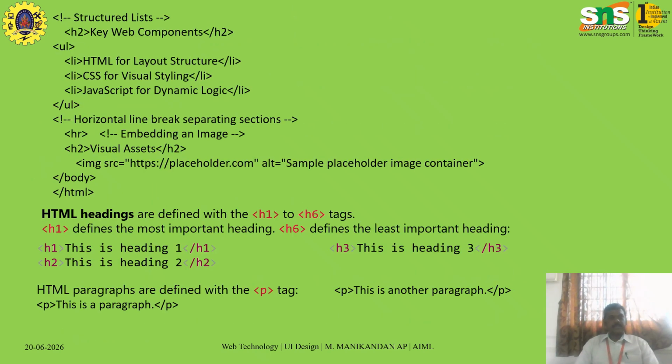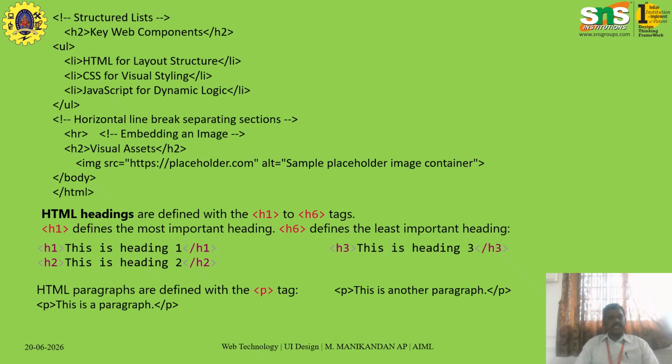Next we are displaying the structured list with an H2 tag, key web components. Inside the unordered list, we are giving HTML for layout structure as li items, one, two, three, as an unordered list.